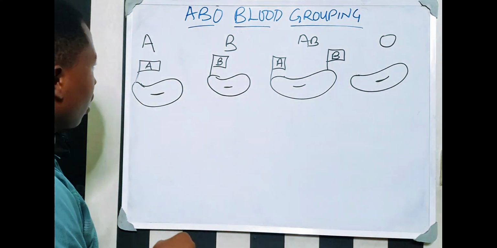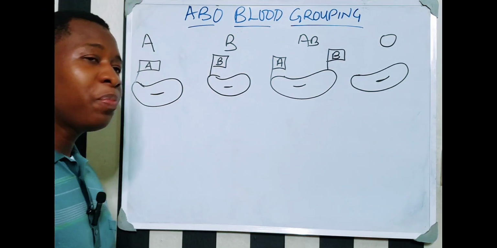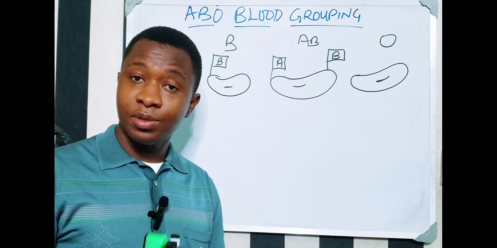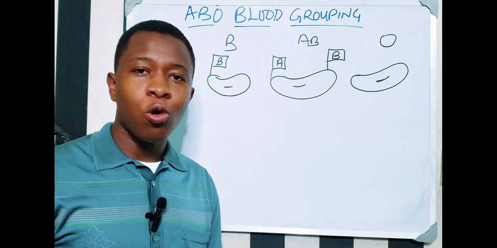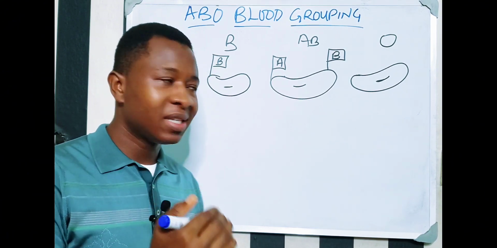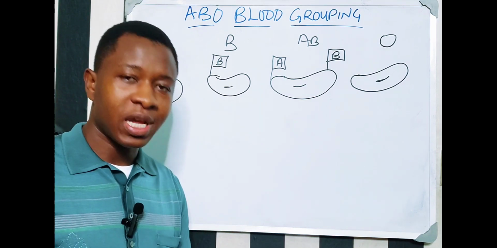Now, coming over here to the blood group A, every blood has its soldiers. These soldiers are called antibodies. The antibodies protect the blood against foreign blood type.